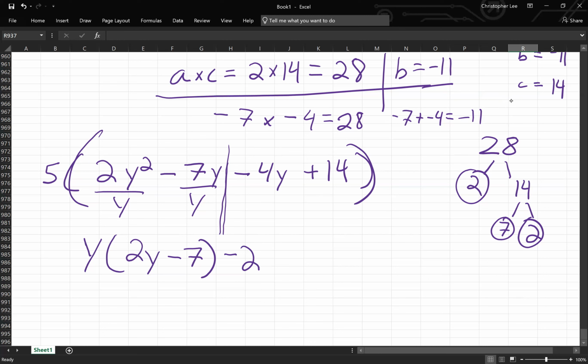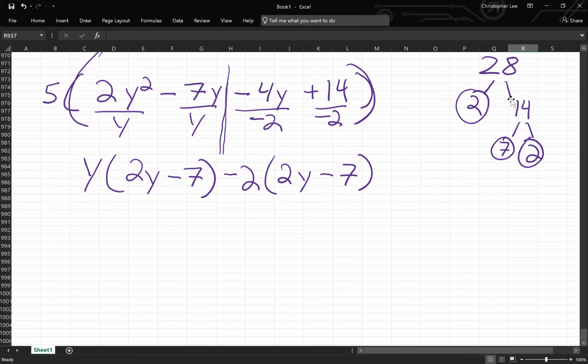So we're going to have negative 2. It's like I'm dividing by negative 2. What's left over? Negative 4y divided by negative 2 is positive 2y. Good. And a positive divided by a negative is a negative, and 14 divided by 2 is 7. Excellent.